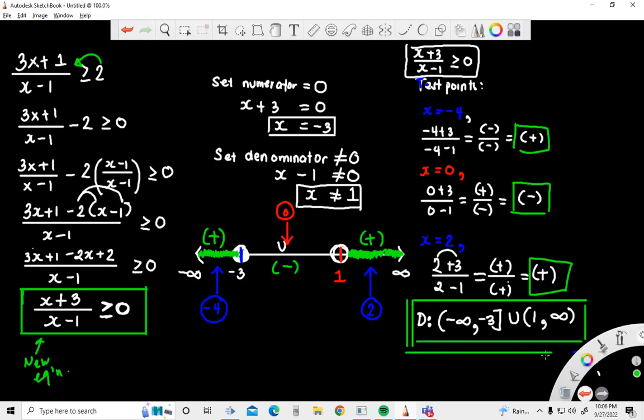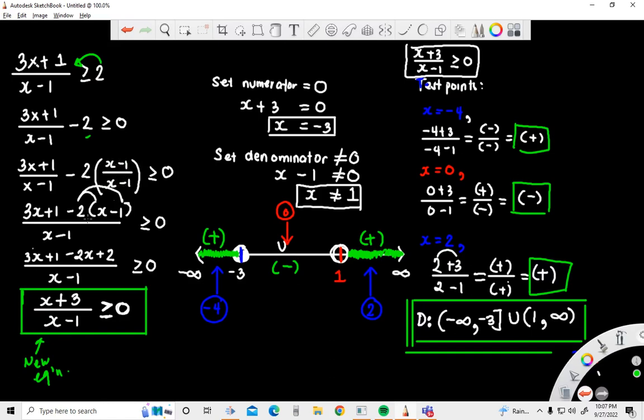Una, i-wrap up natin yung ating discussion ngayon. Una, nagkaroon tayo ng this equation. Nilipat lang natin si 2, inequate natin into 0. Tapos, after nyan, si 2, minultiply lang natin sa x minus 1 divided by itself. Alam naman natin na parehas lang yan kasi x minus 1 divided by x minus 1 is 1.